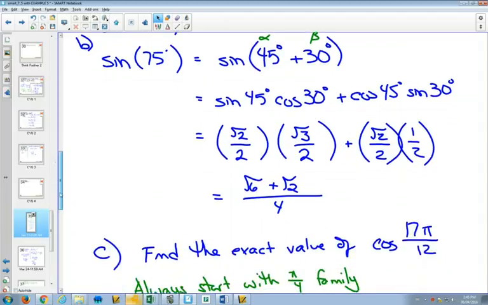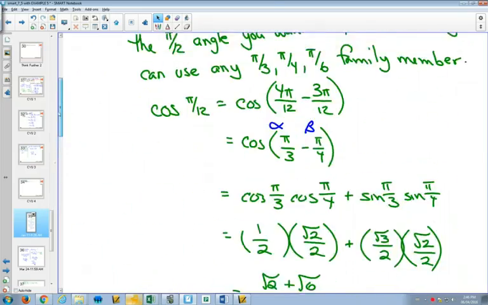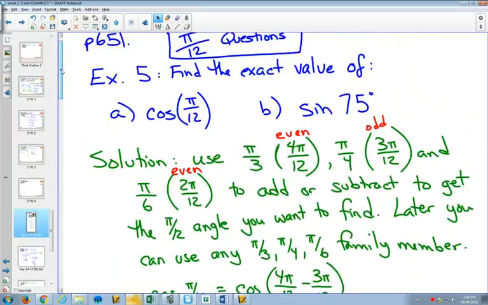Okay, so when we're finding this, we always have to start with something in the pi over 4 family. The reason for that is when you change pi over 4 to something over 12, and if we look back at what we wrote originally, the pi over 3 family, when it's written as something as pi over 12, it's always an even number. Same thing with the pi over 6 family.